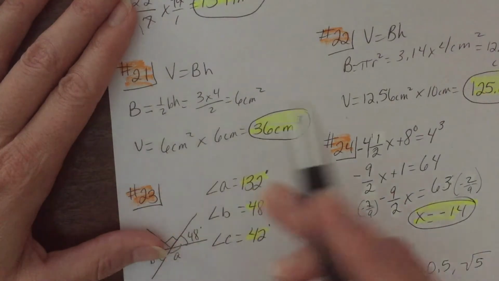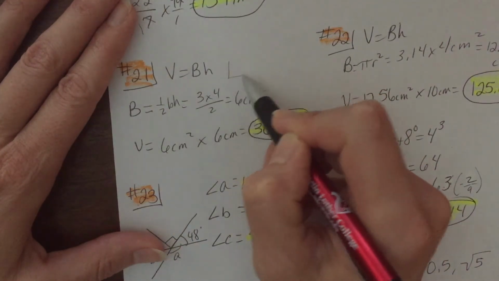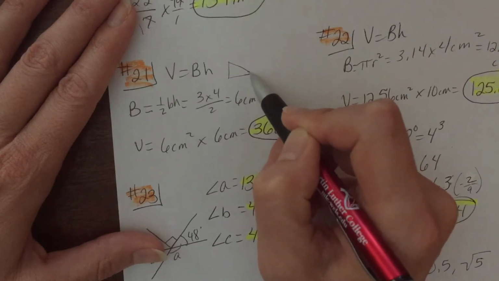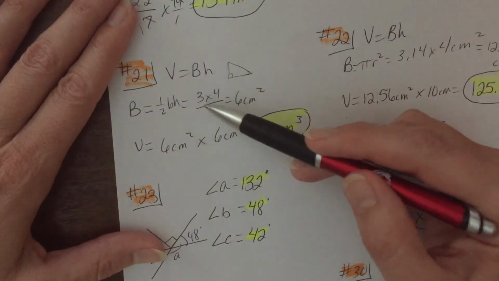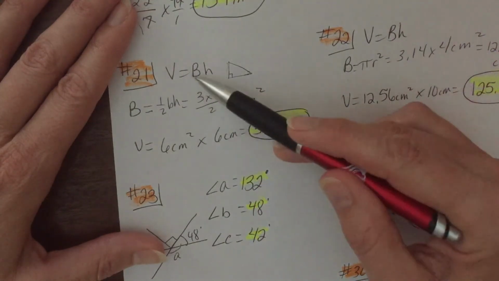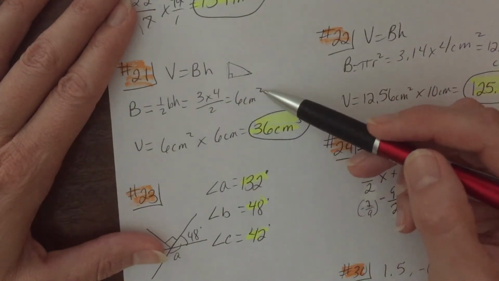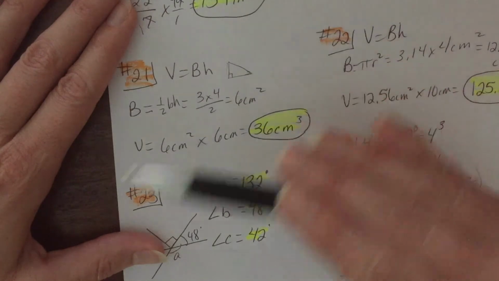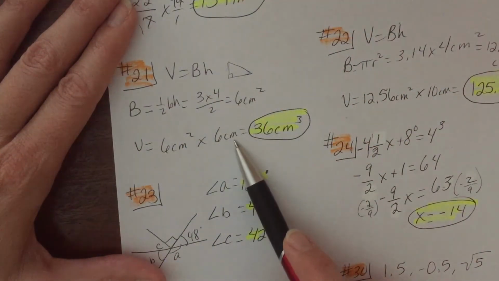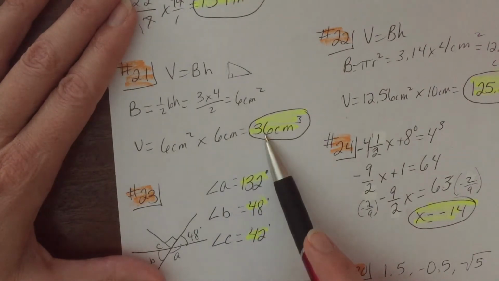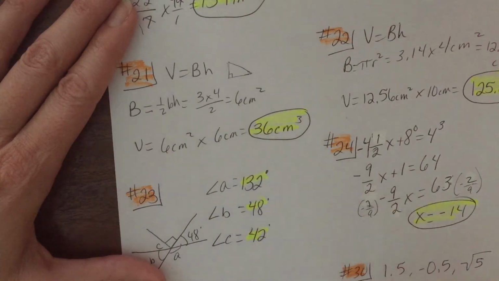So the base of this figure was that triangle that you're seeing on the front. It was 4 times 3, divided by 2, so the capital B part gives us 6 centimeters squared. And hopefully you saw that the triangular prism went 6 units back. Multiply by 6 centimeters for the height. Total volume, 36 centimeters cubed.